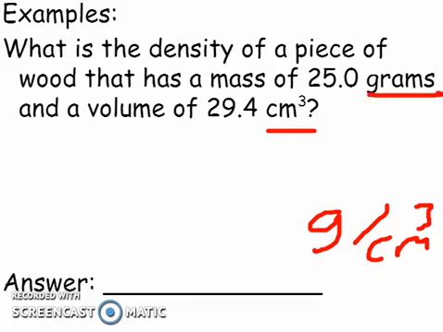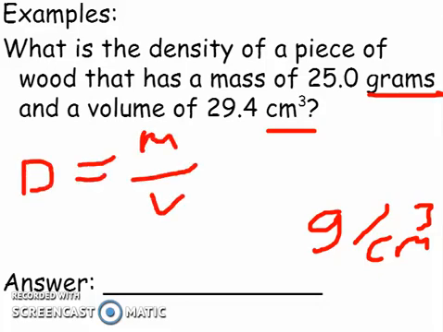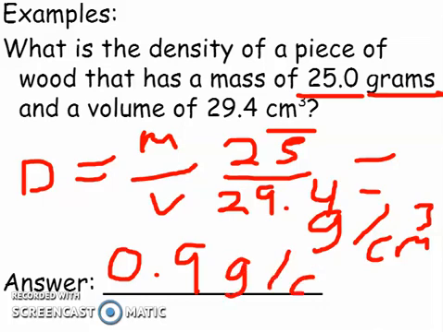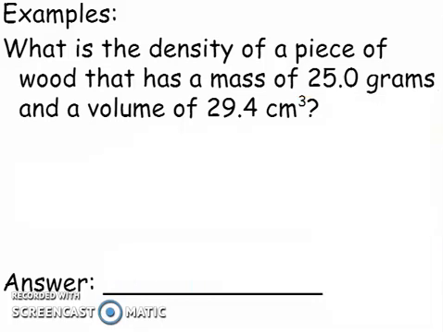Density equals m over v, mass over volume. Mass is 25, so I plug it in: 25 divided by the volume, 29.4. Once you plug that into the calculator, you're going to get less than 1. I'm just going to say it's about 0.9 grams per centimeter cubed.